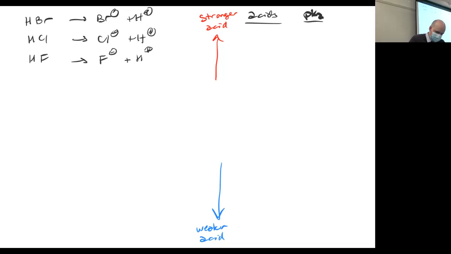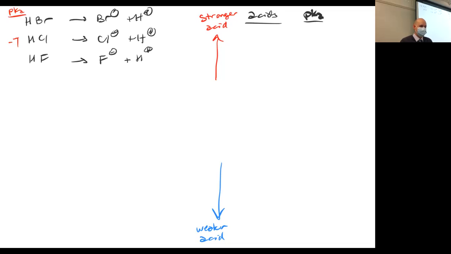All right, and I already gave you the pKa of HCl, which was -7. All right, so is HBr a stronger acid or weaker acid than HCl? Stronger. Stronger, yeah, because Br minus is more stable than Cl minus. So what would you expect the pKa value of HBr to be relative to -7?